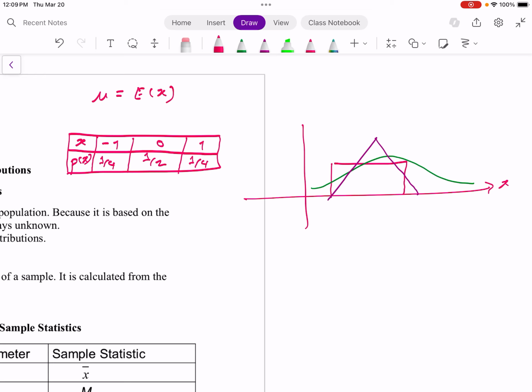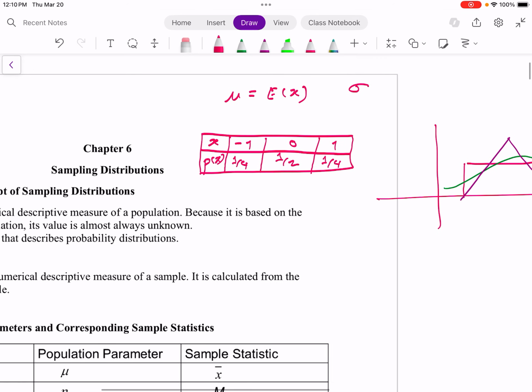And we also had sigma, the standard deviation, for this probability distribution. Okay, with the help of the mean and standard deviation of this probability distribution, we can describe the probability distribution. So this is what we did in chapters 4 and 5.